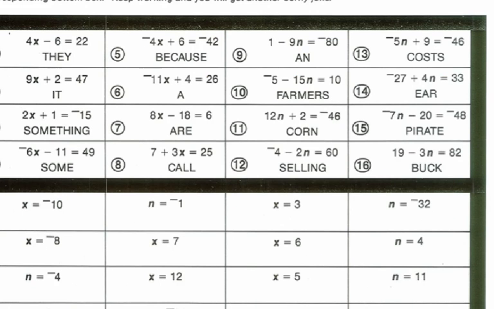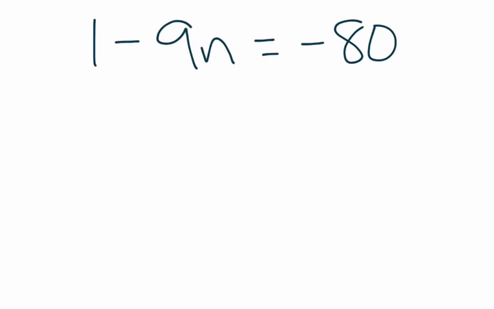The next one that I'm going to do is, they all look about the same. Let's do number 9. I'm going to write it on another sheet. Okay, so 1 minus 9n equals negative 80. Well, minus and negative are really pretty much the same thing.